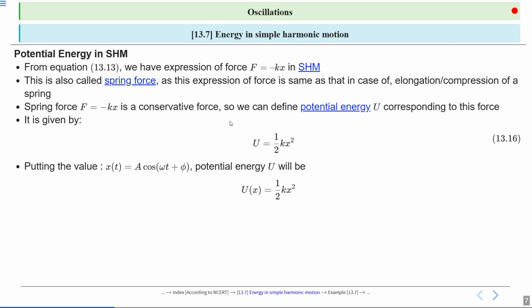U of x is equal to 1/2 kx squared. This means at any instant the potential energy depends on the current position x. If x is 0, potential energy is 0. If x is at its maximum value, capital U is at its maximum too.